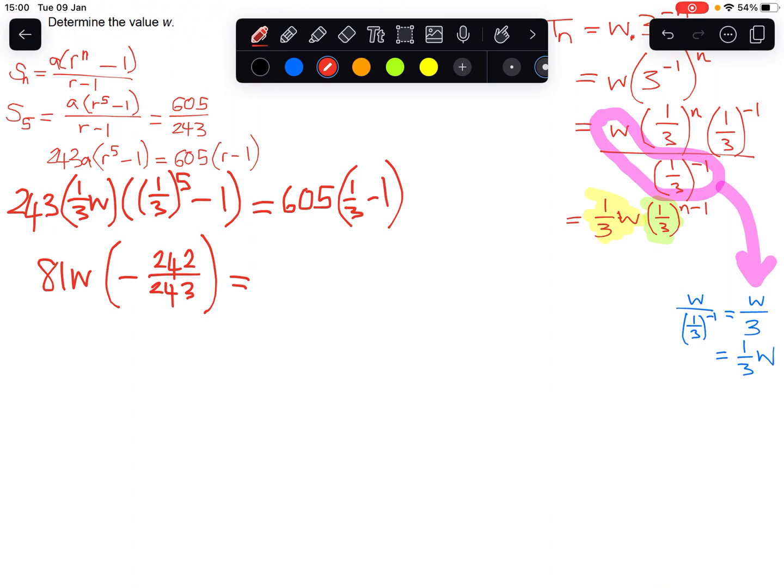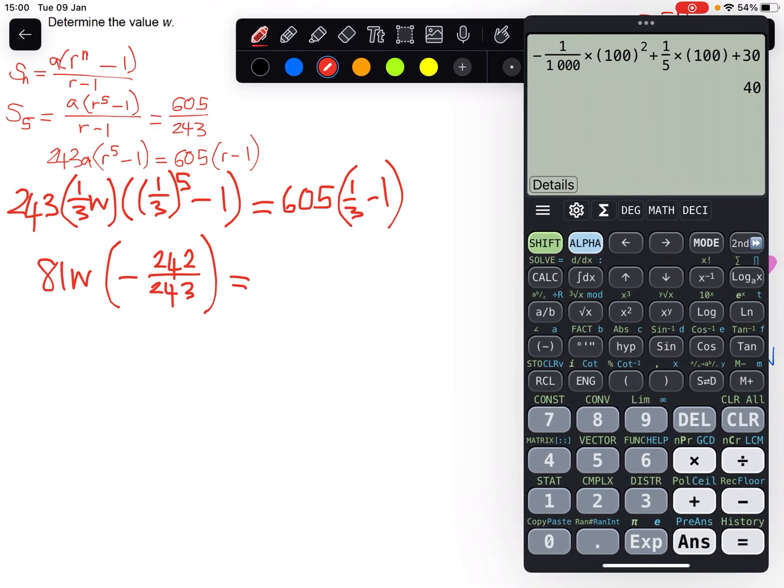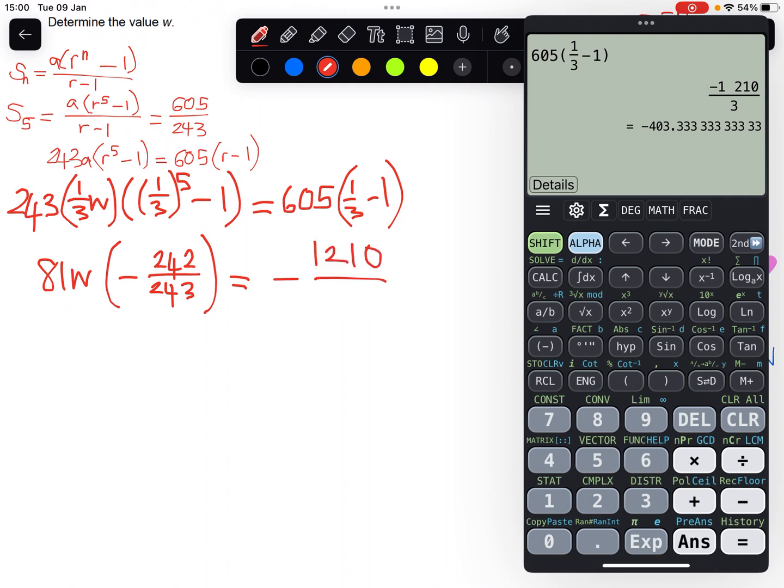I'm going to bring up the calcs for that. 605 times a third minus 1 gives us negative 1,210 divided by 3, okay.